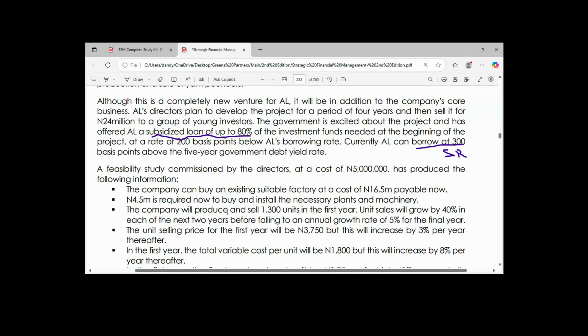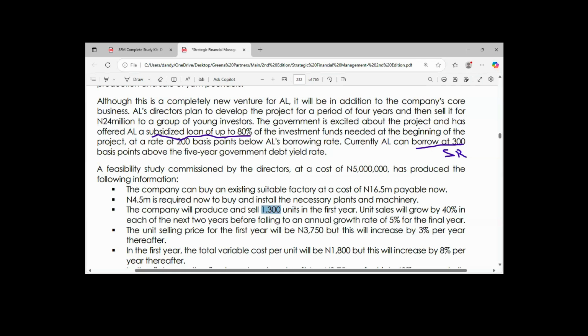The most important thing you need to do, just multiply in the first year sales units. We are not going to inflate that because that's your base year unit. Then to get the units for the second year, you are going to multiply 1.4 by this 1,300. So that means you have inflated the units for the second year.